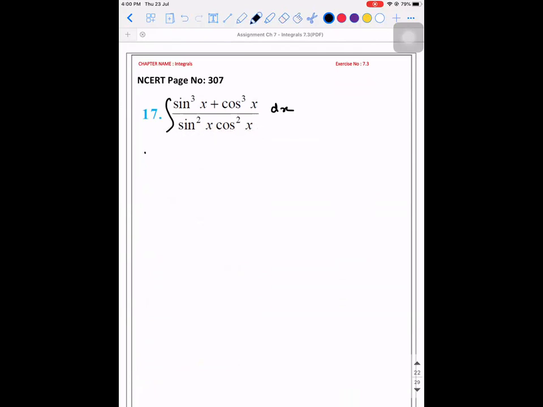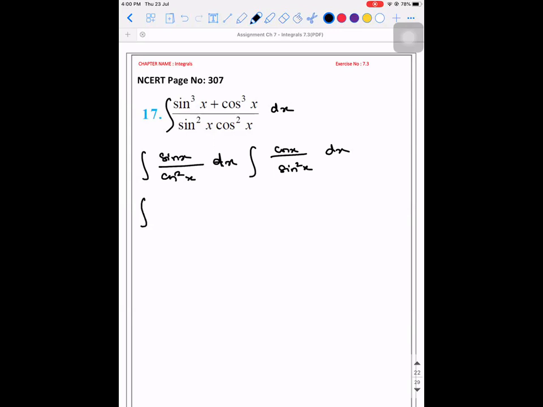When you do that, it will become integral of sine cube x divided by sine square x, which is sine x divided by cos square x, plus integral of cos cube x divided by sine square x into cos square x, that is cos x divided by sine square x dx. I hope it is clear, right?